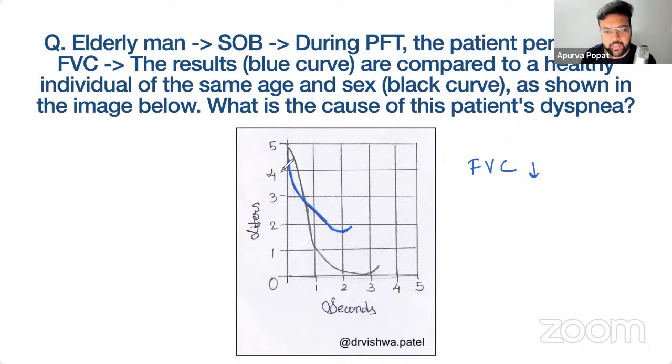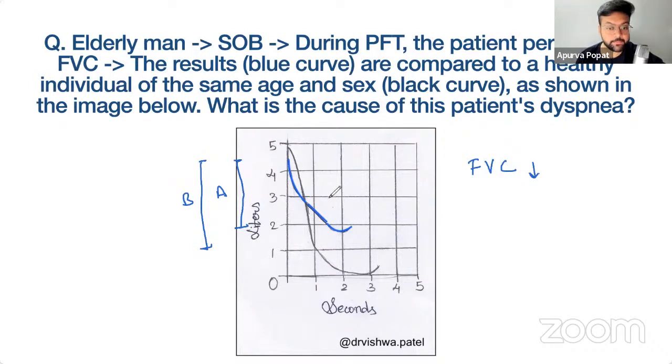Okay, I'm just drawing some of the lines here. You have to tell me what is FVC. This is graph A. This is graph B. Which is FVC in the blue patient?